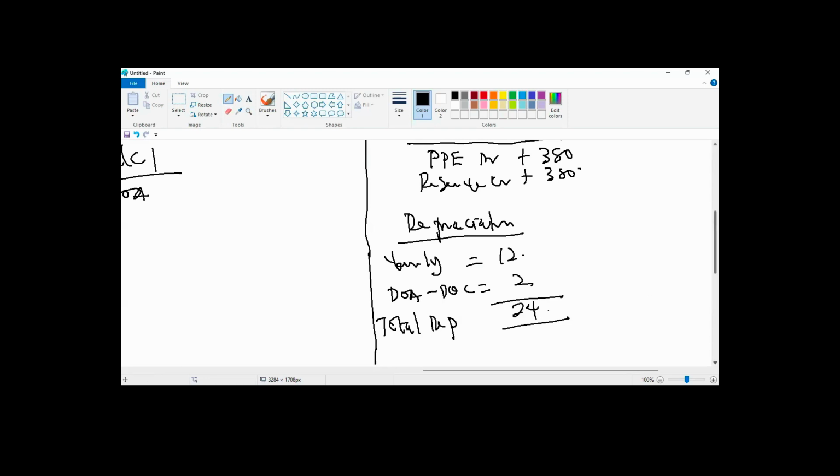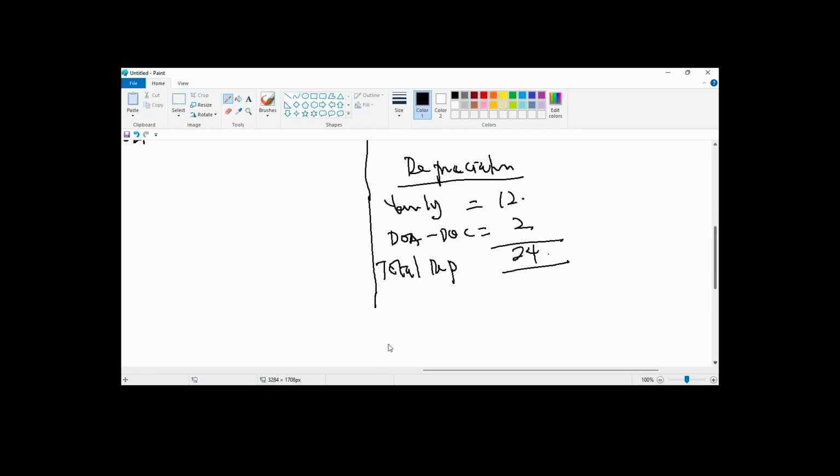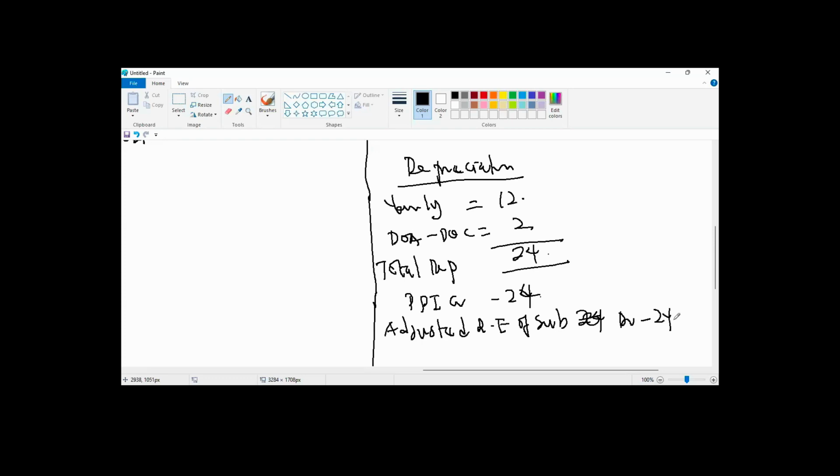What do I do to the depreciation? PPE credit, adjusted reserves debit.